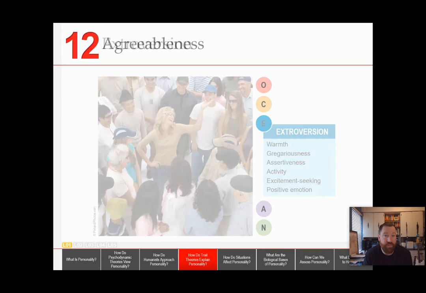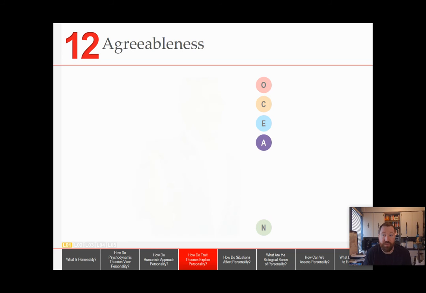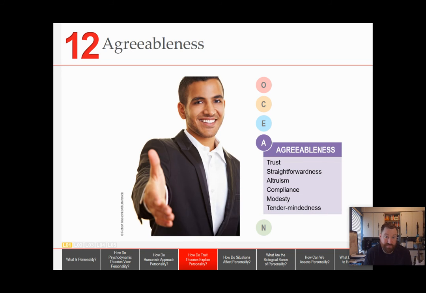Agreeableness. Okay, so the A, agreeableness. How much do people like you? How are you basically a decent person? Agreeable people are kind and helpful. They're affectionate towards others. They're straightforward. They tend not to lie. They're compassionate. They understand other people.